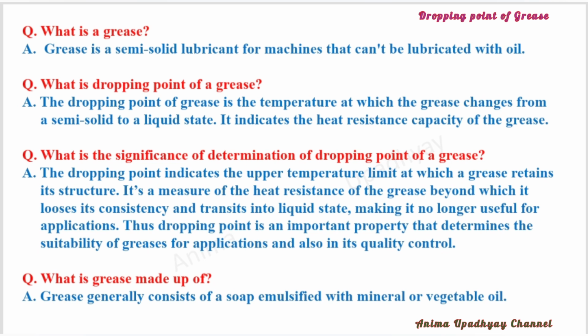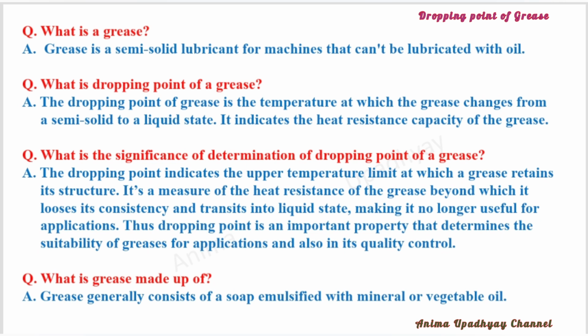It is a measure of the heat resistance of the grease beyond which it loses its consistency, that is its thickness, and transits into liquid state, making it no longer useful for lubrication applications. Thus, the dropping point is an important property that determines the suitability of greases for applications and also in its quality control.